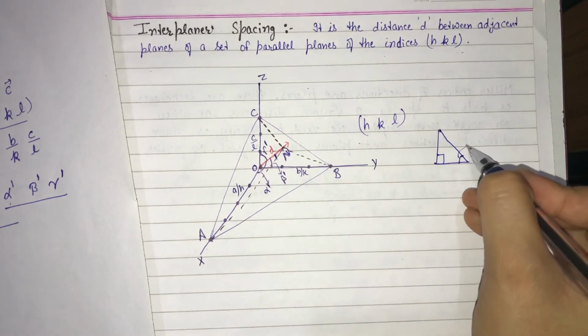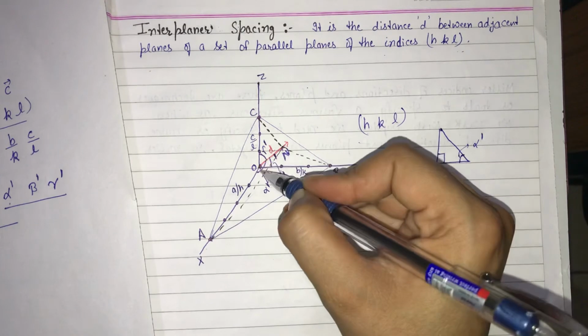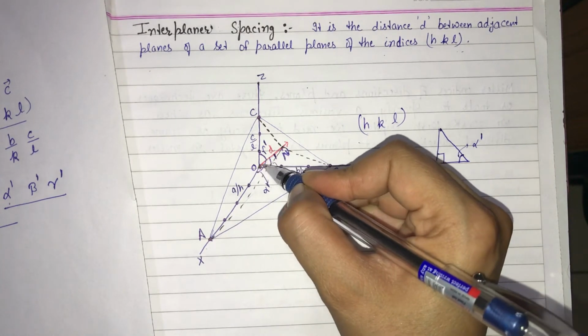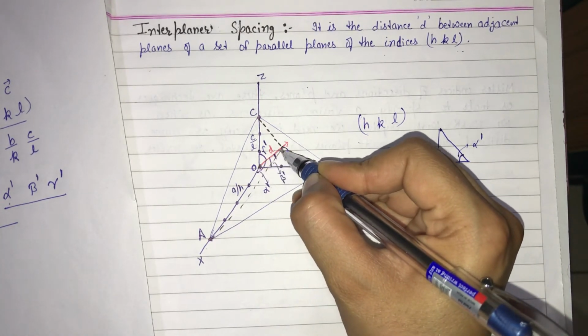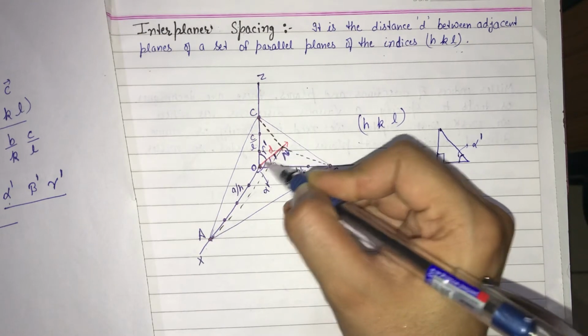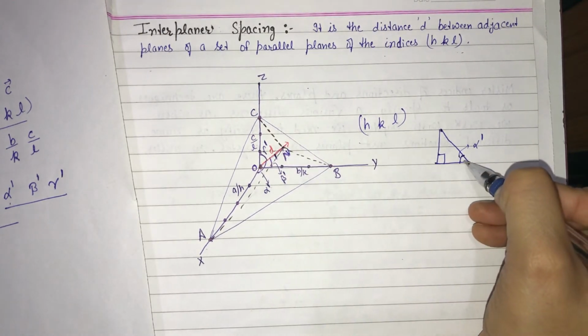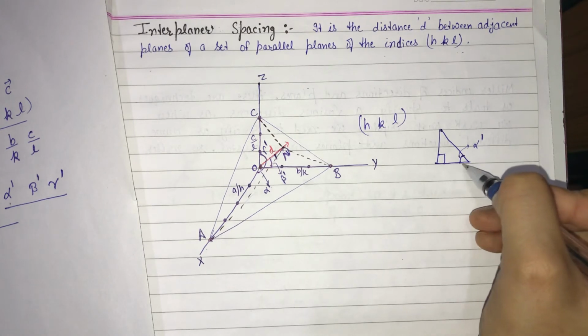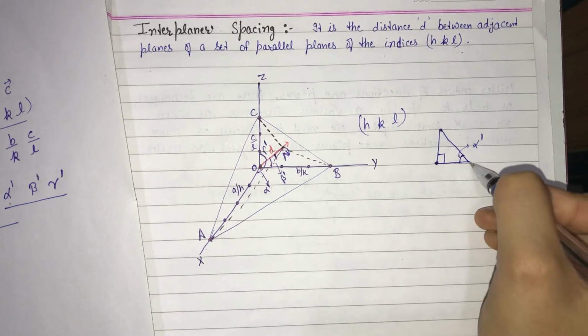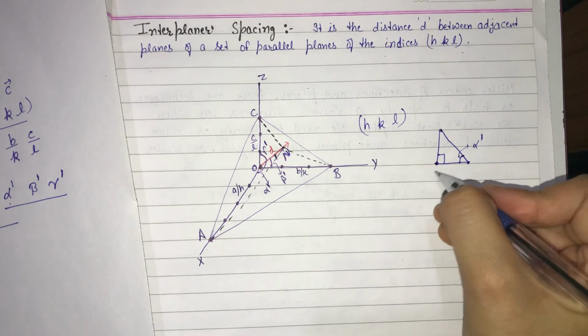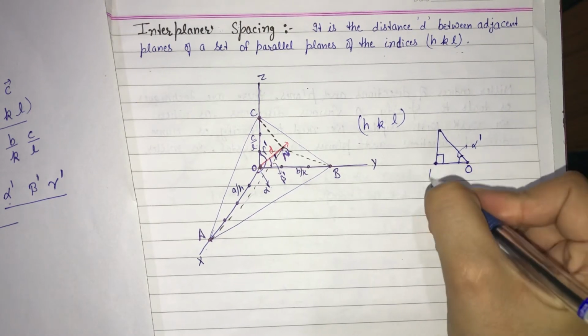So this angle is alpha dash, and this is the angle between the perpendicular which is drawn on the plane and the axis. So the perpendicular which is drawn on that plane is this perpendicular. So this is marked as O and this is N.